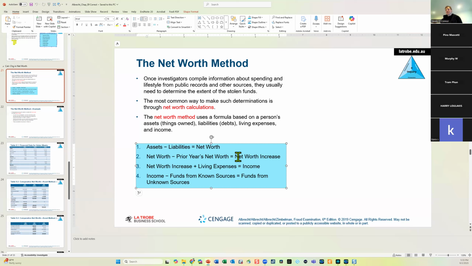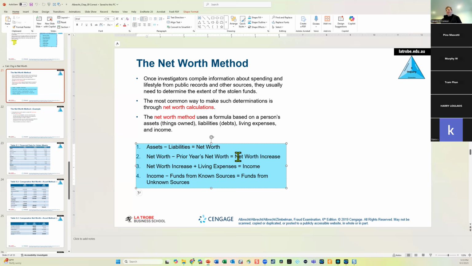Or you can go to real estate agents to find out how much a house is worth. You can now go online to find out how much any house is worth across Australia because of Domain and realestate.com. The information is there. So you can actually find out the actual cost of the lifestyle of potential fraudsters or alleged fraudsters.